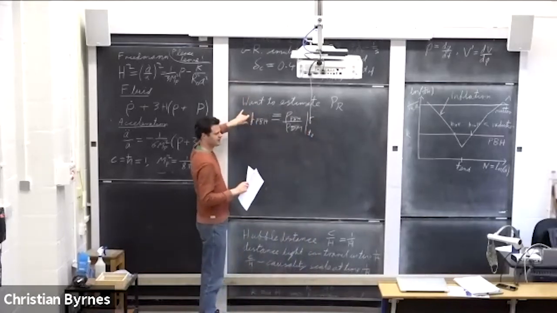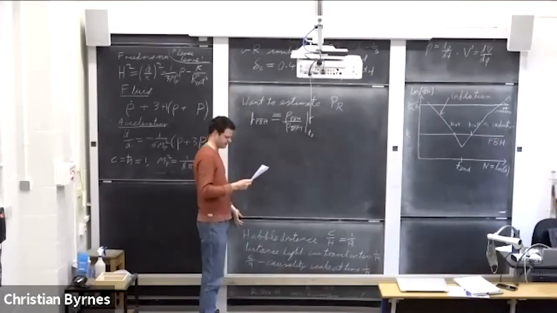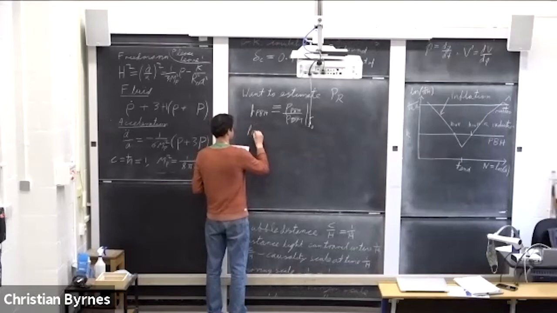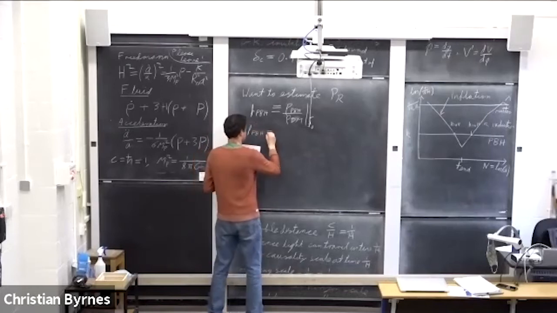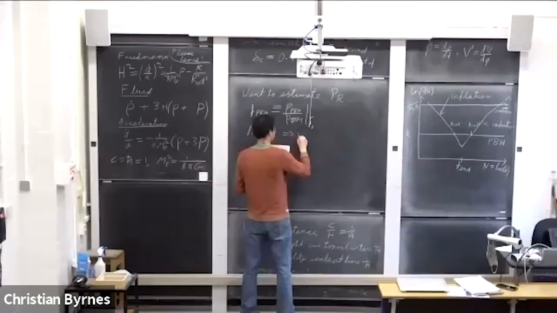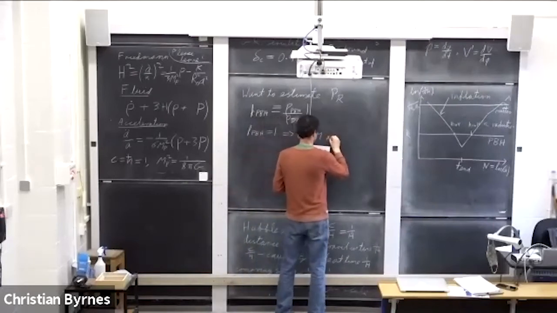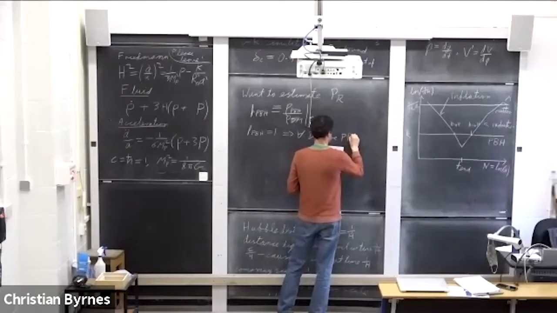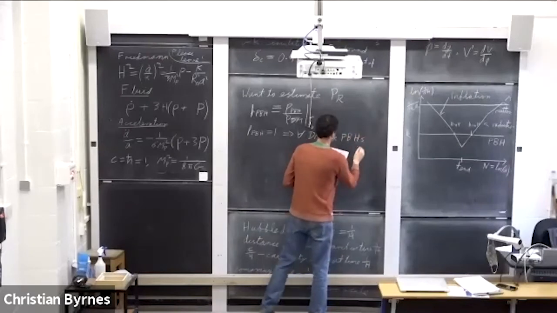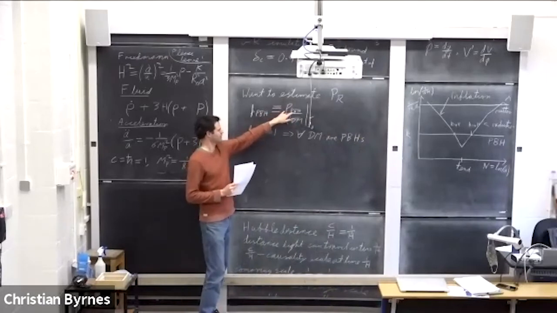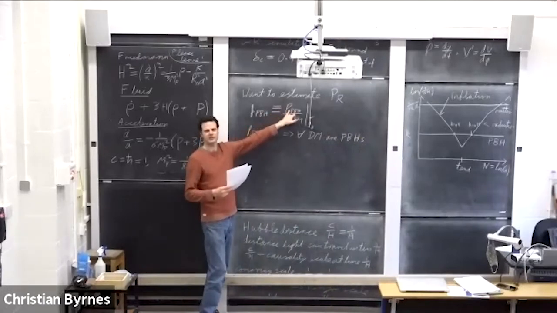This was defined yesterday, but I'll write it down again. It's a very important thing. And so, of course, f PBH equals 1 would imply all dark matter are primordial black holes. And if you're not assuming a monochromatic mass, then rho PBH is, of course, the total energy density of all primordial black holes.